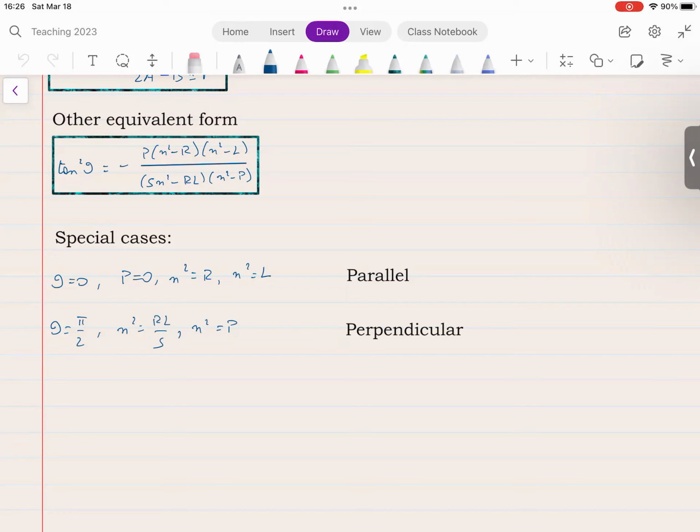Okay, so there is going to be a good number of special cases. We could pretty much spend the rest of our course just examining this dispersion relation.